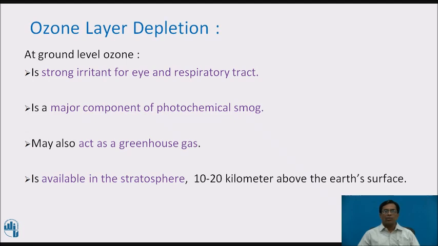At ground level, ozone is a strong irritant for eyes and respiratory tract, is a major component of photochemical smog, and may also act as a greenhouse gas. It is available in the atmosphere 10 to 20 km above the Earth's surface.